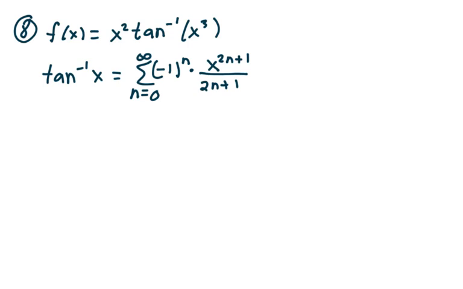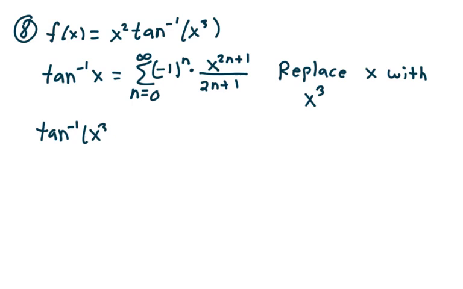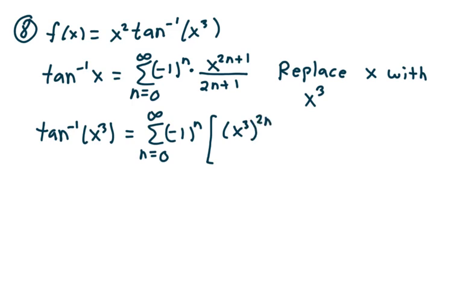Now, what I'm going to do is replace x with x cubed. And so arctangent of x cubed is the summation from n equals 0 to infinity of negative 1 to the n times x cubed to the 2n plus 1 divided by 2n plus 1.